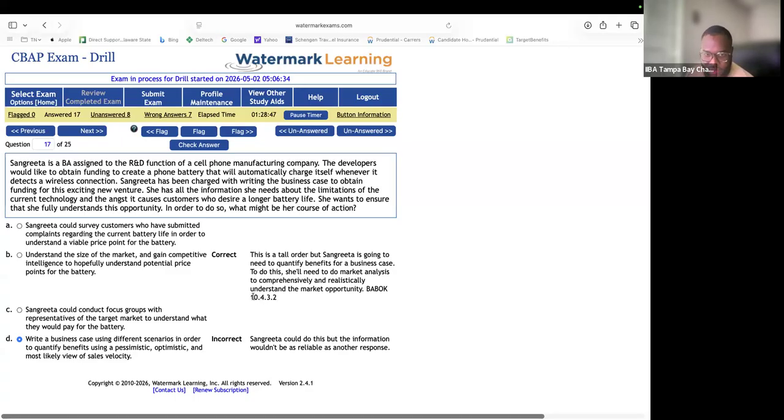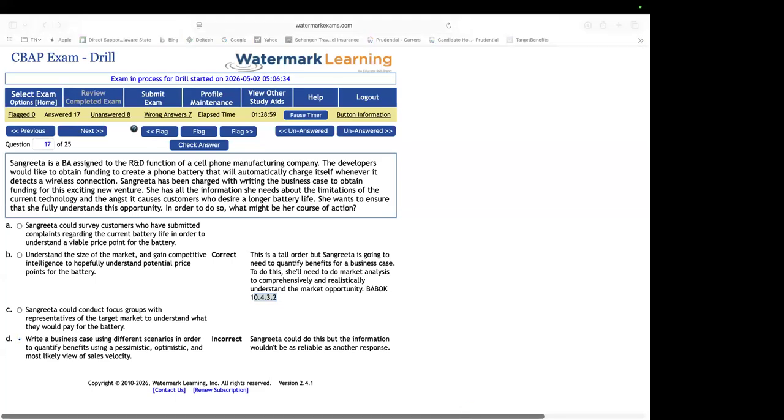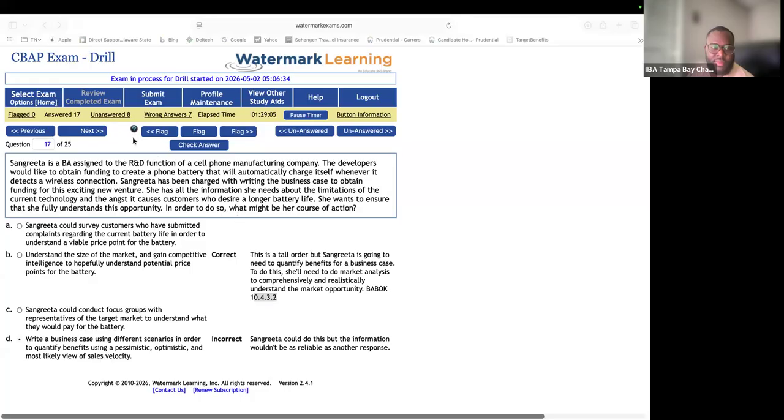And the reasoning behind it is 10.4.3 too. I think that's market analysis. Yeah, understand the size of the market. Yeah, definitely. Yep. Let's move on.